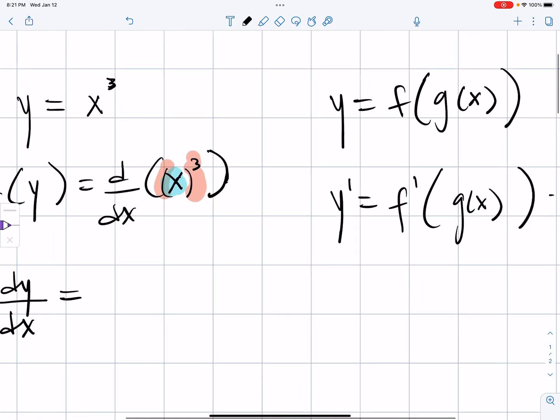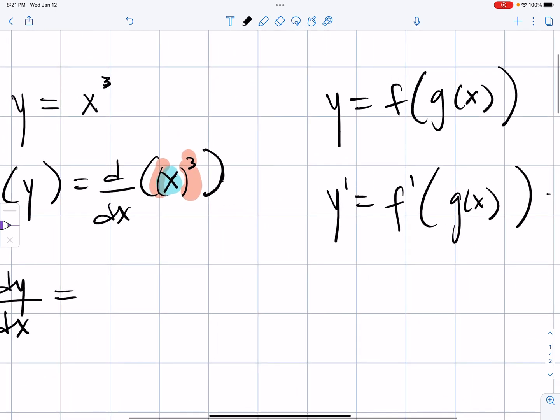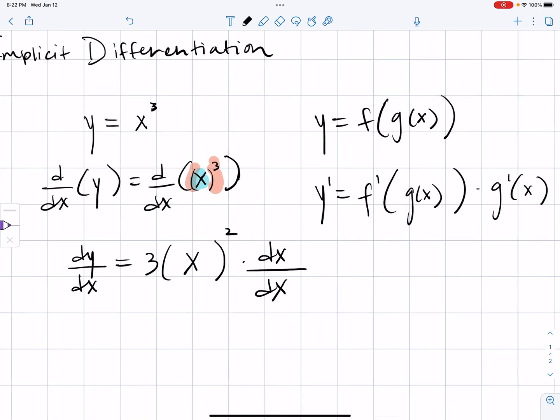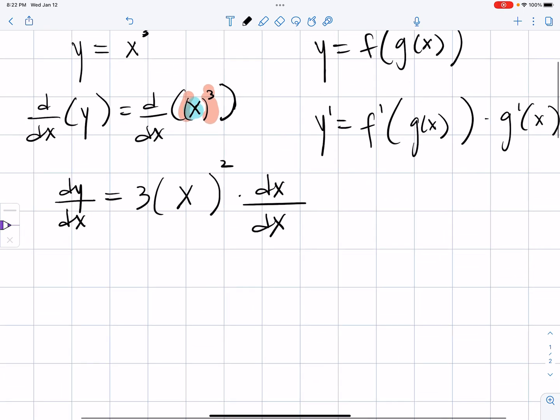So thinking chain rule, the derivative of the outside would be bring the 3 down, subtract 1 from the exponent. Then we leave the inside alone and multiply by the derivative of the inside with respect to x, which would be the derivative of x with respect to x. That can be written as dx over dx. Well, dx over dx is just 1, so we can see that dy over dx is 3x squared.